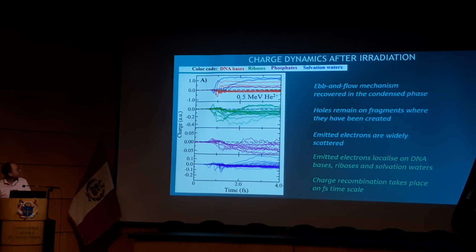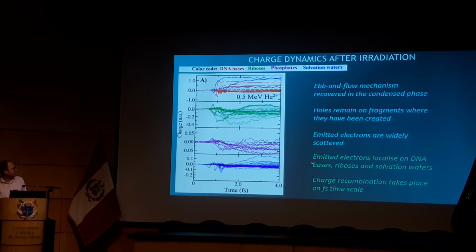I will skip this, but still recall that we find again this type of hole flow mechanism that we described for the UPS. We saw that the holes formed on the fragments stay on the fragments on the femtosecond scale. Something quite important for us was to understand where the electrons are going, because they are thought to be promoters of DNA damage.